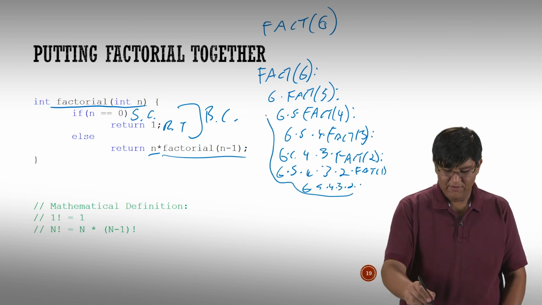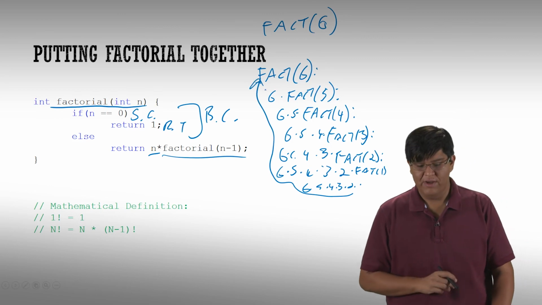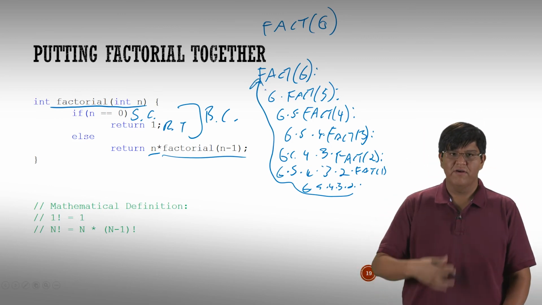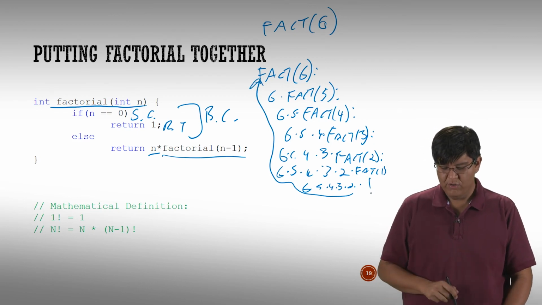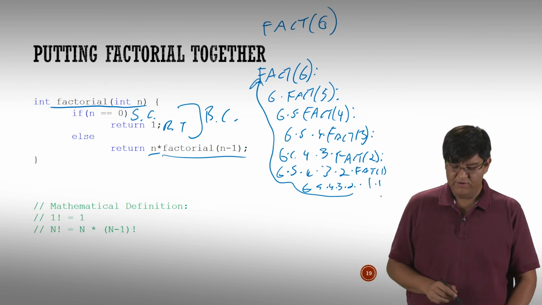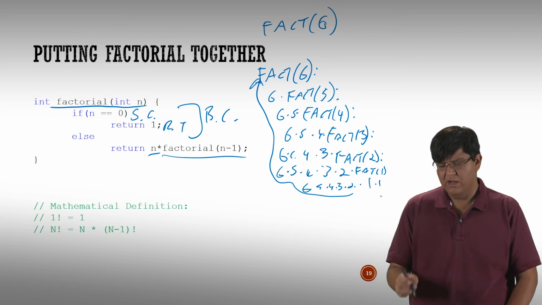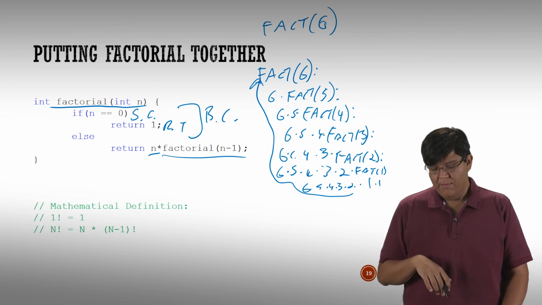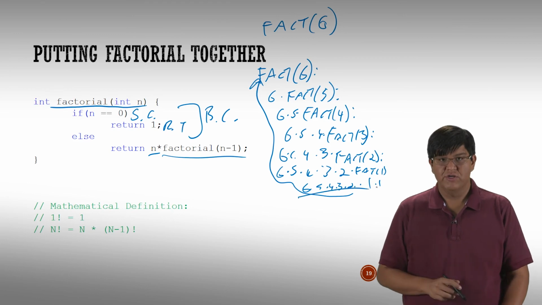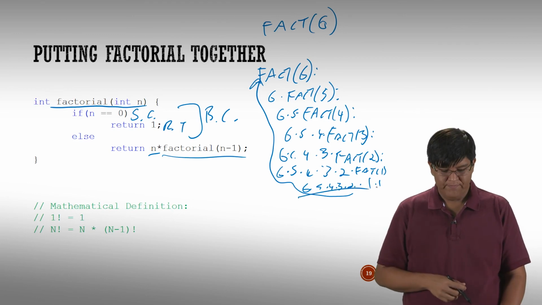And then you filter back up, and this is the final result. Functions have to call functions, have to call functions, until I get to the very end, where the simplest thing is factorial of 1, or factorial of 0. I should have gone all the way down to factorial of 0, but I don't have space on the slide. Then I have this entire expression. There are no function calls in it, and so the whole thing can be evaluated.